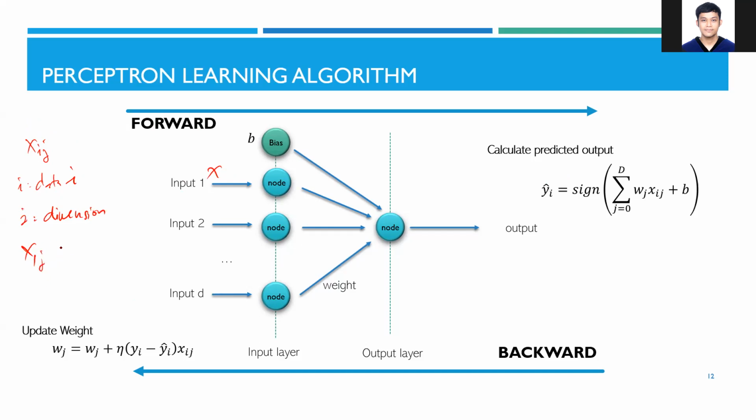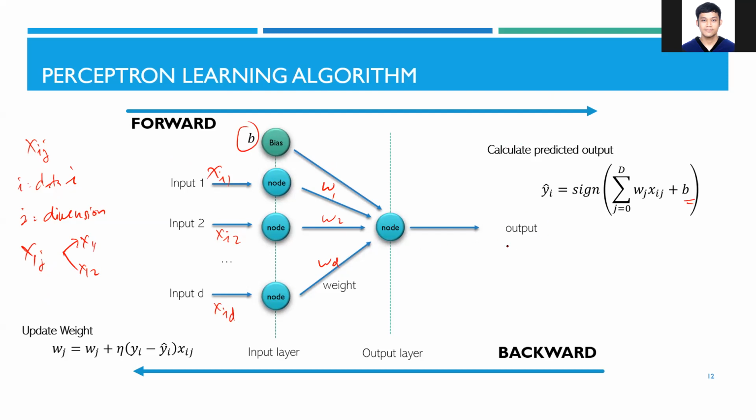If we have two dimensions, then we have x_11 and x_12. So we process each x_i first: x_i1, x_i2, until x_id, the d dimension. We have the weights 1, 2, until d, and of course we have the bias b.